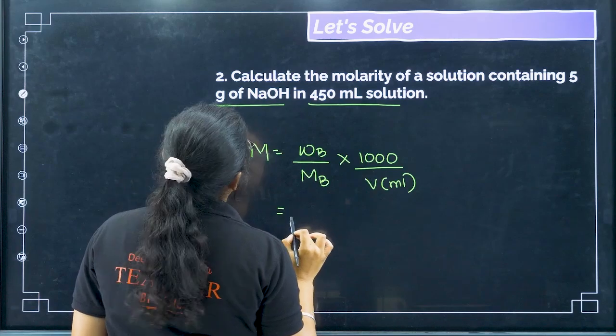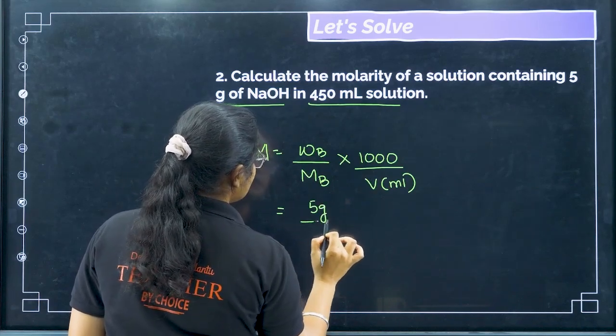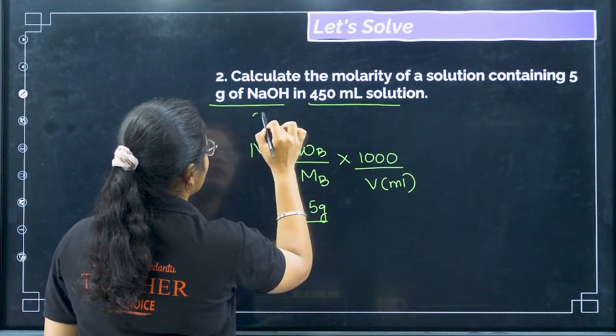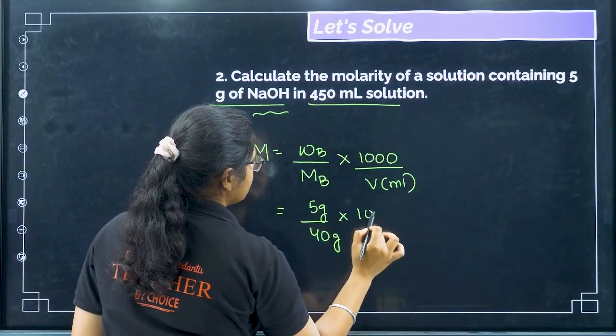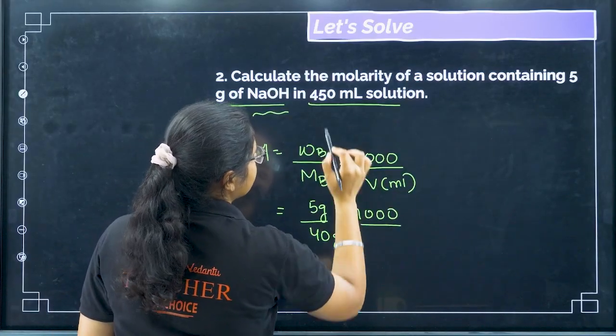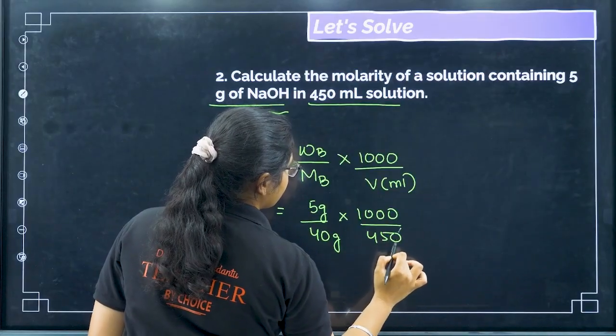So WB is 5 gram. MB is how much? NaOH molar mass is 40, into 1000 by what is the volume here? 450.